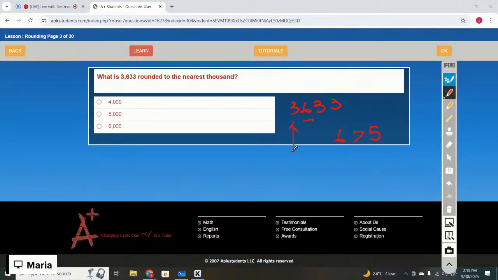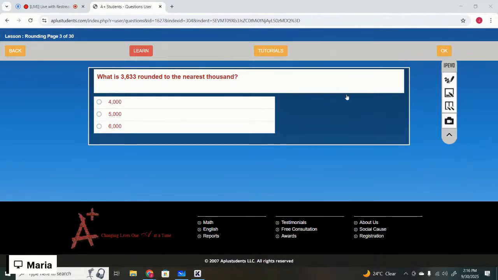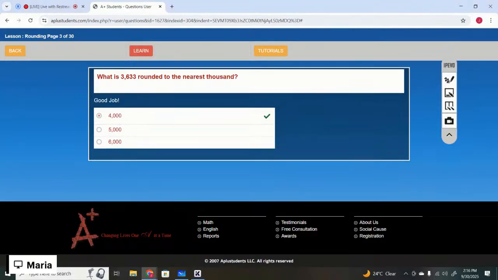Round up means add 1 to the thousands digit and replace all the other digits with 0, so it would be rounded to 4000. Option number 1 is the correct option. That is 4000.